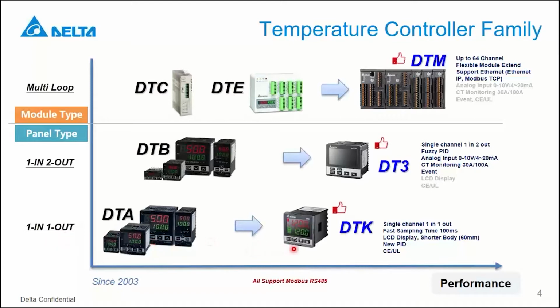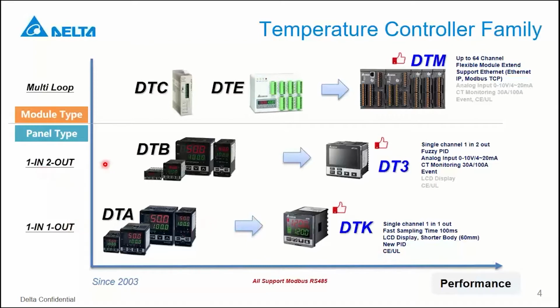And then right now we have the second generation product, the so-called DTK series. Here are some features like fast sampling time, 100 milliseconds, and also an LCD display, which looks brighter, and also a shorter body, 60 millimeters. You can see the depth is shorter than before, and also there's a new PID function with CE and UL certification.